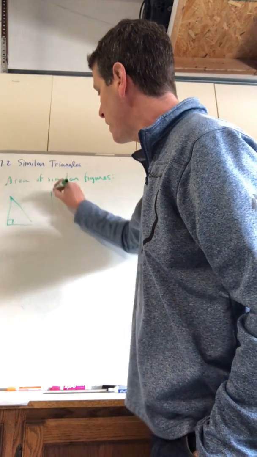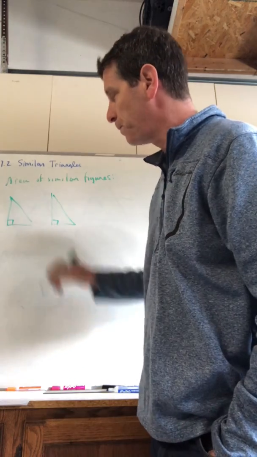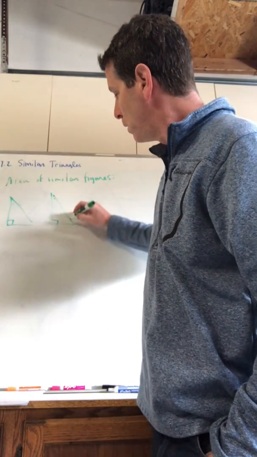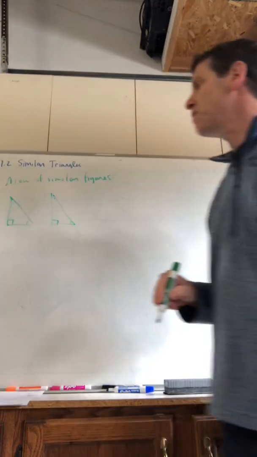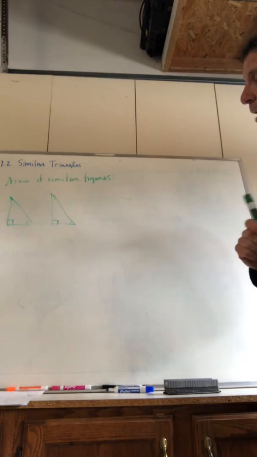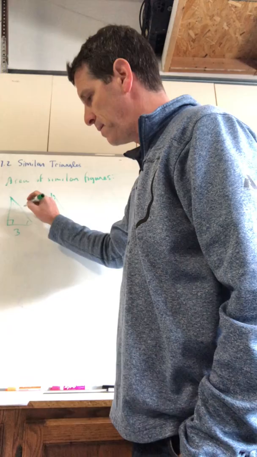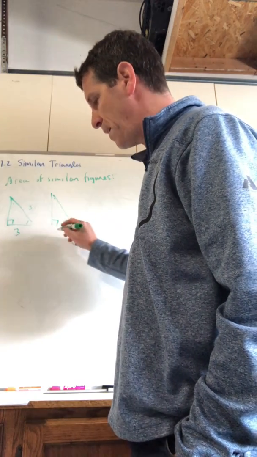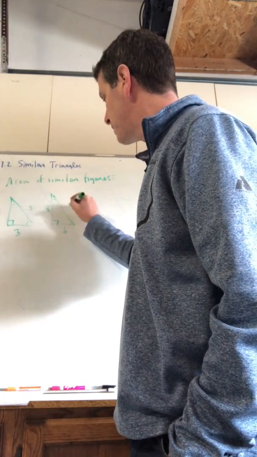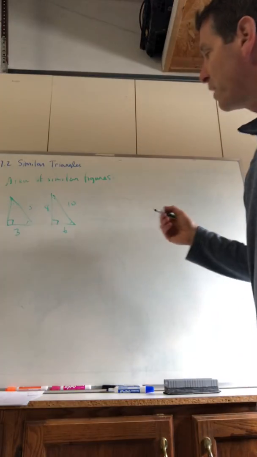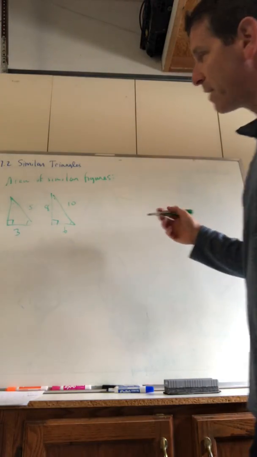So let's start with 2 right angle triangles. They are similar because the angles are the same. We have some side lengths here of 3, 4, and 5, and 6, 8, and 10. We can figure out our scale factor.